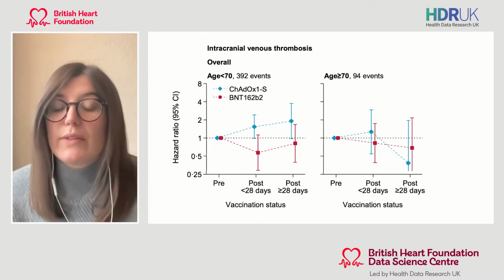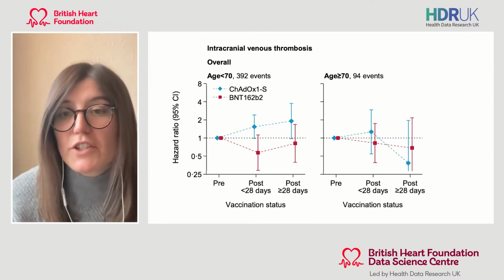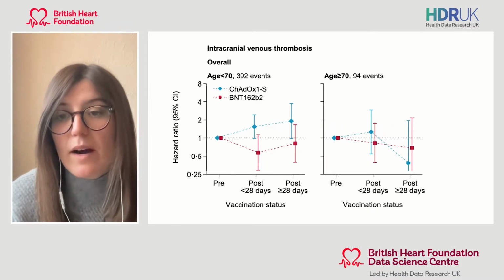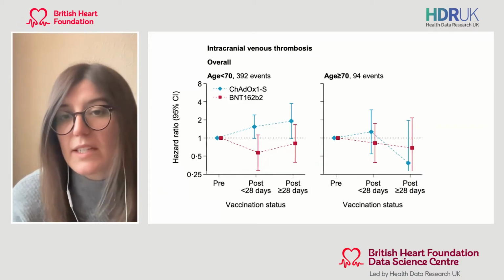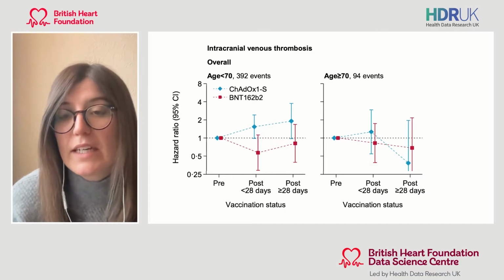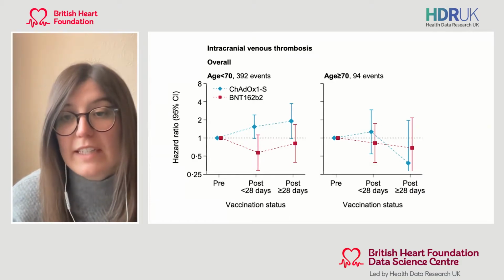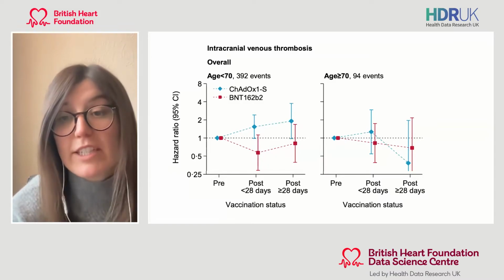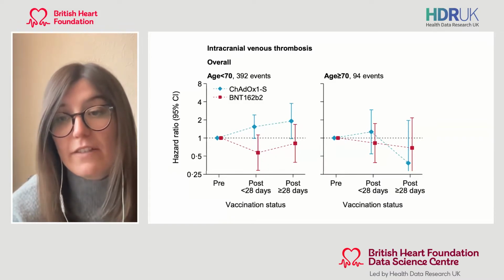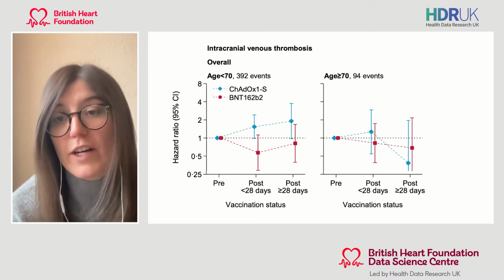Moving now to the vaccination results, I'll focus just on 2 outcomes that were highlighted as potential adverse events for vaccination, starting with intracranial venous thrombosis. So here in the under 70s, we saw an elevated hazard ratios following AstraZeneca vaccination, but not for Pfizer.